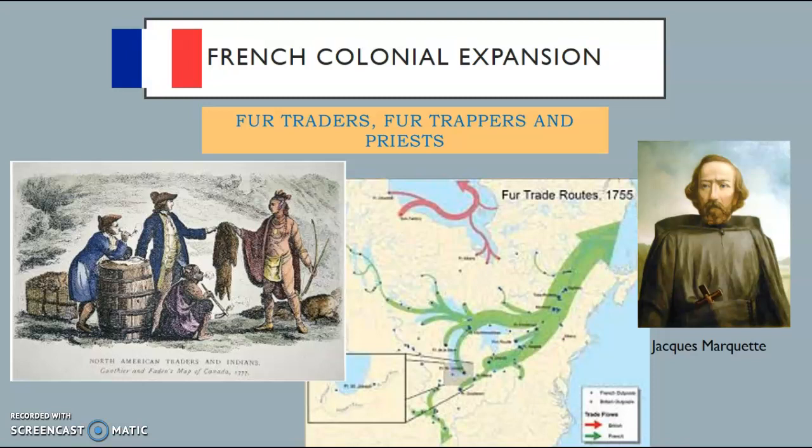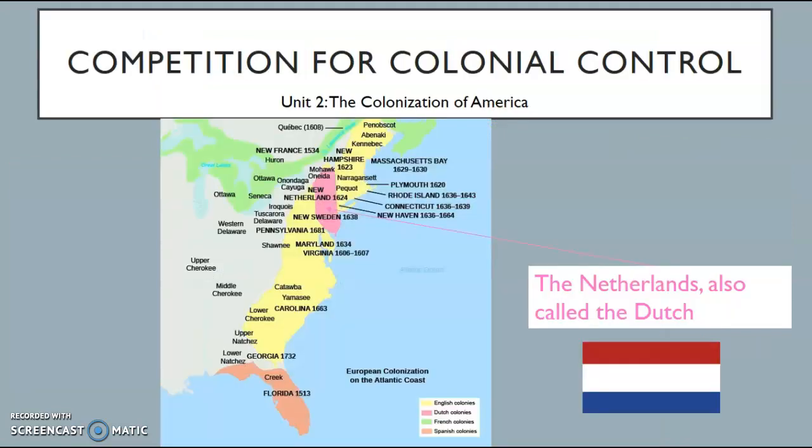Then there were also a lot of priests, as we talked about with the Spanish. The French also saw Christianity and religion as one of the motives for colonizing and competing for colonial holdings. So Marquette, for example, was another priest who went, and in part he was exploring, but he was also trying to spread his religious beliefs.